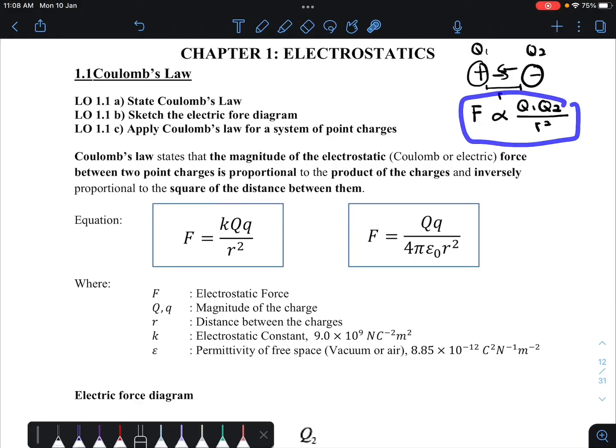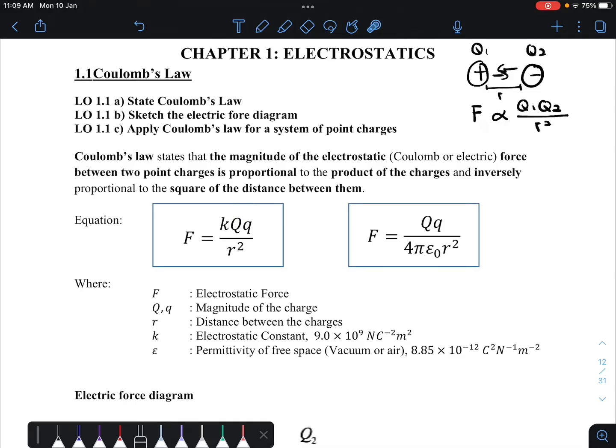Okay, so this proportionality, which comes from Coulomb's law, can be written as an equation such as F is equal to KQQ over R square. It doesn't matter if you want to use a capital Q and small q or Q subscript 1, Q subscript 2. Whatever we are trying to do here is just to emphasize that we are going to have 2 charges. Okay, these 2 charges have their respective values.